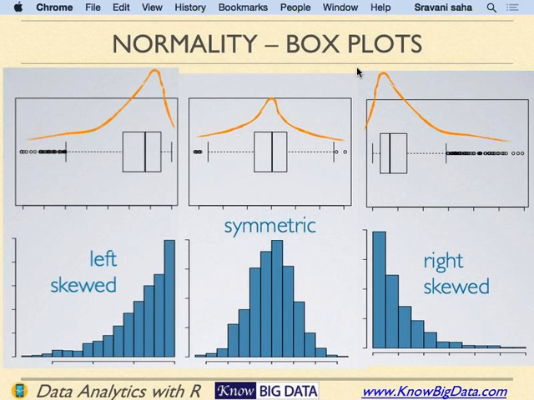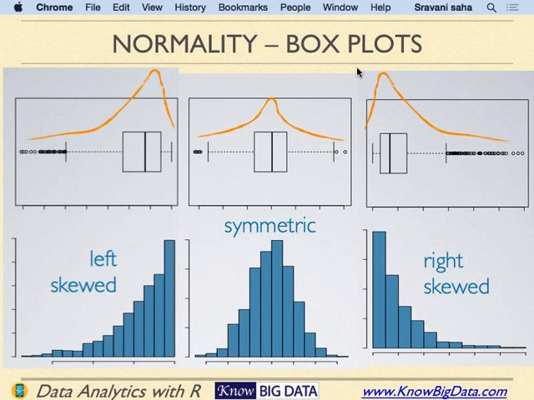And so for the graph which is left skewed, the box plot will look like this. First, the box will be towards the right hand side of the graph. Second, the median line will not cut the box in equal parts.